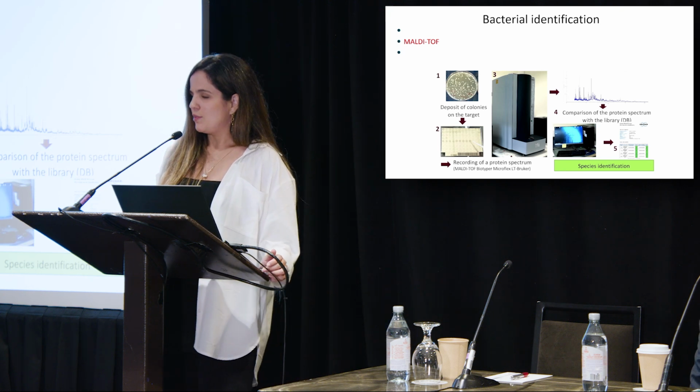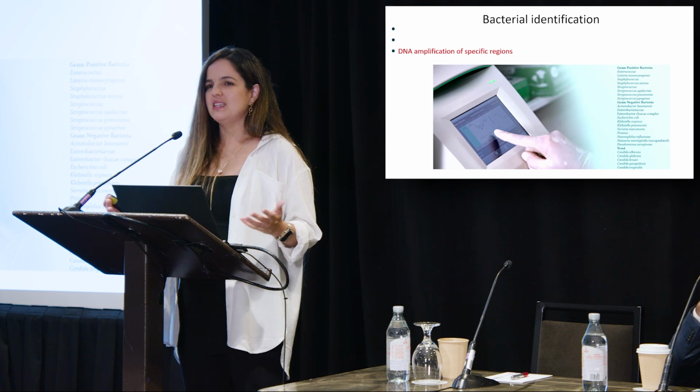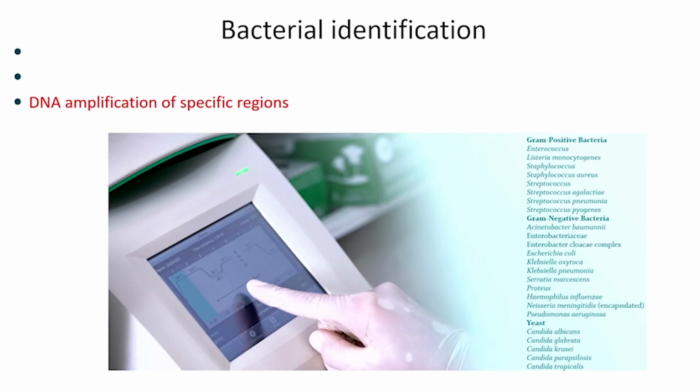And then the next step would be finally doing identification using DNA. So we do DNA amplification, and we use specific assays where we can increase the amount of DNA in a specific sample using probes. And those probes are specific to the species that I'm searching for, like this one. We have arrays of tests where we can check for several species at the same time.